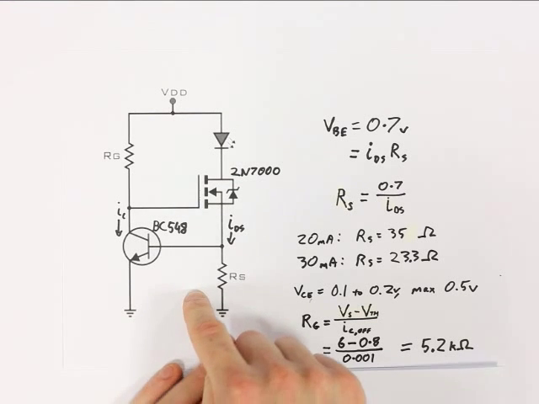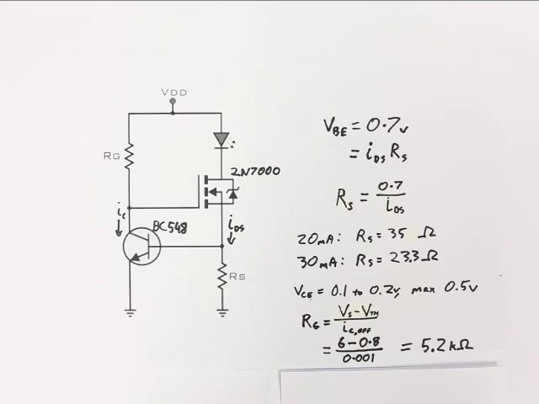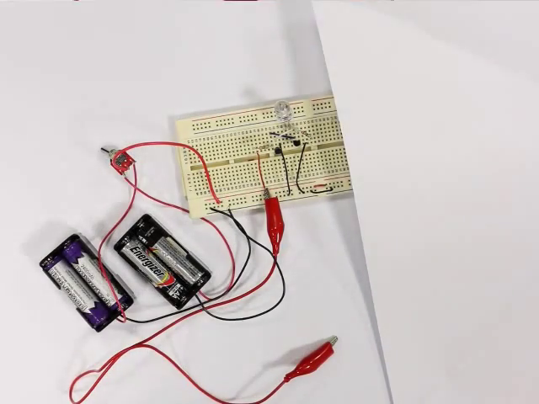So let's put this circuit together and take a look at how it operates. Okay, so here's our completed circuit. Once again, I have two power sources. I have 4 alkaline batteries here for 6 volts, or 4 nickel metal hydrides for 5 volts.